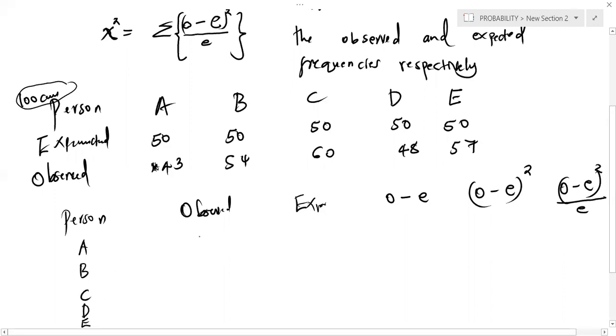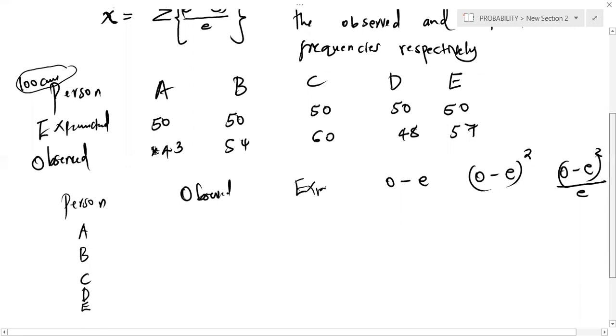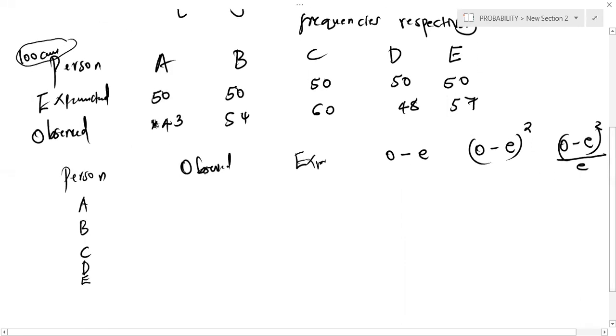For person A, we already know the values, so you can just write them again. The observed value for person A is 43. Expected, we have as 50.